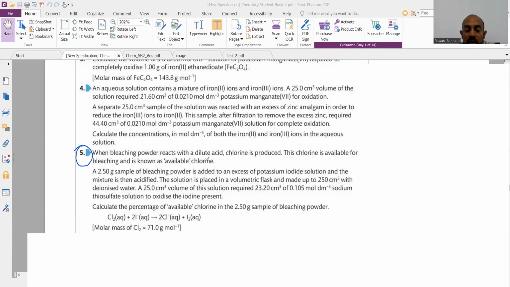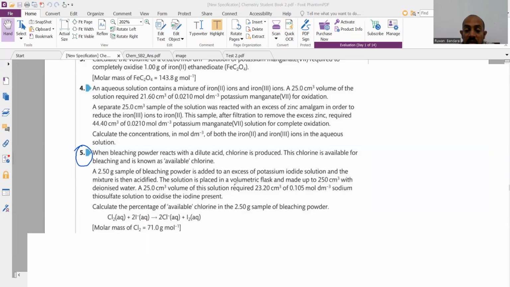When bleaching powder reacts with dilute acid, chlorine is produced. This chlorine is available for bleaching and is known as available chlorine. A 2.5 gram sample of bleaching powder is added to an excess of potassium iodide solution, and the mixture is then acidified.